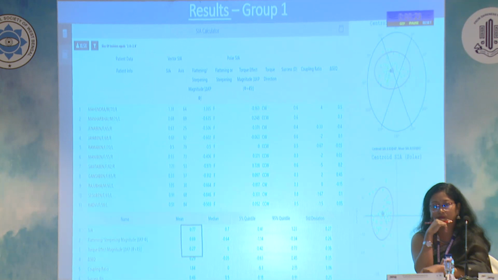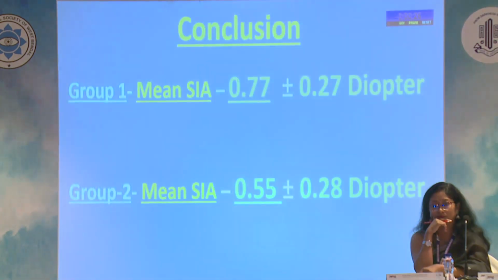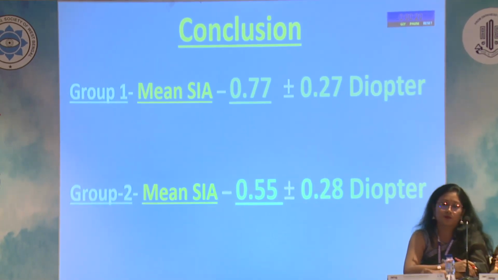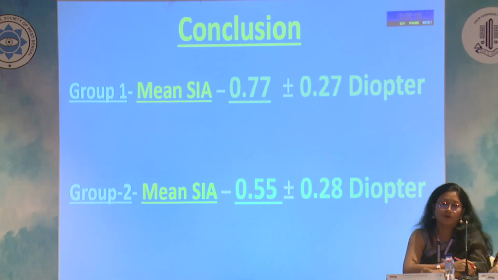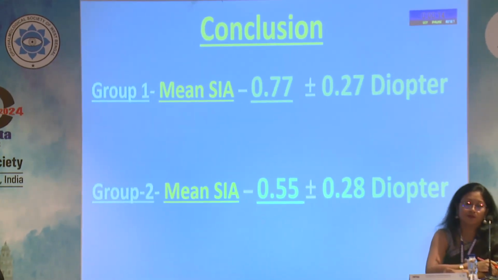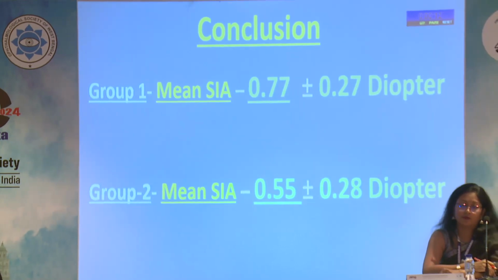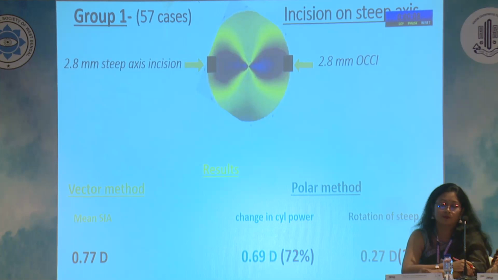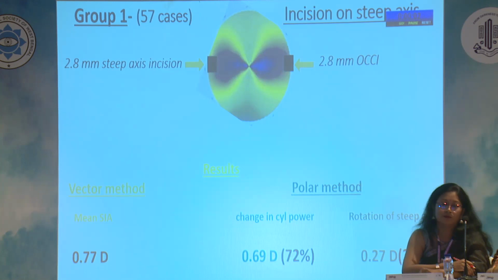Now these are the results. The mean SIA in the first group, with the 2.8 millimeter main incision and 2.8 millimeter OCCI, is 0.77, and in the 2.8 millimeter temporal incision group it is 0.55. So 0.5 for 2.8 millimeters is okay. But see this: in group 1, the mean SIA is 0.77, out of which 72% is causing change in the cylindrical power and 28% is rotating the steep axis.